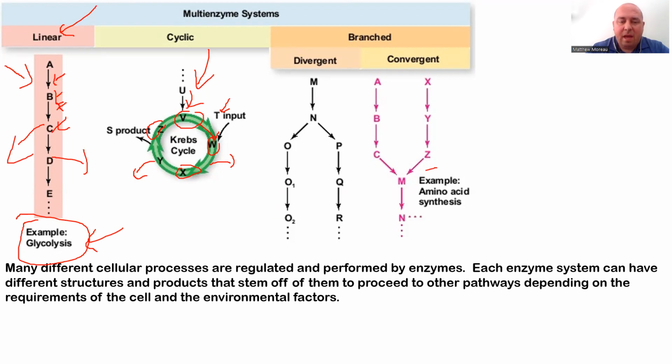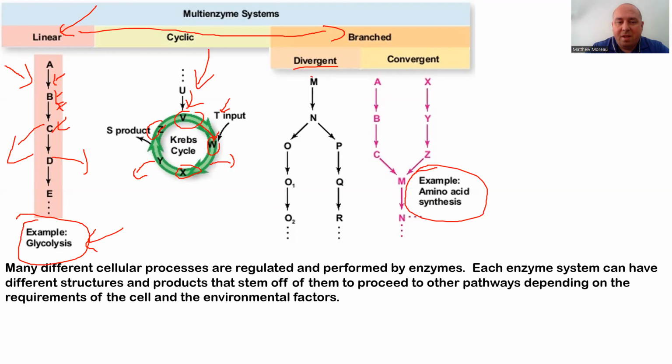And again, all of these other examples from the TCA cycle and glycolysis feed amino acid biosynthesis and nucleic acid biosynthesis. So most linear pathways are actually branched, but branched biochemical pathways come in two forms.